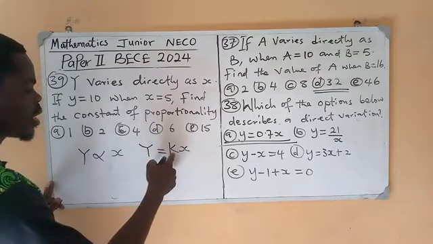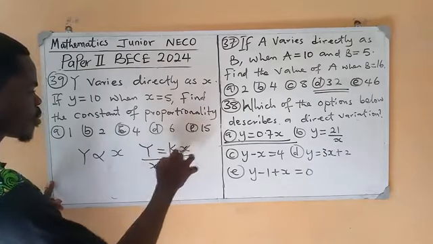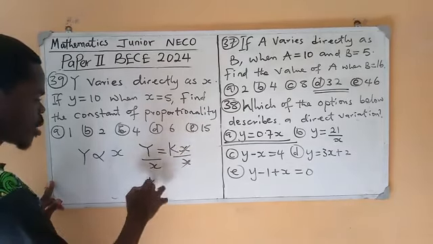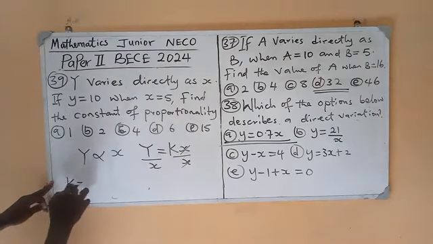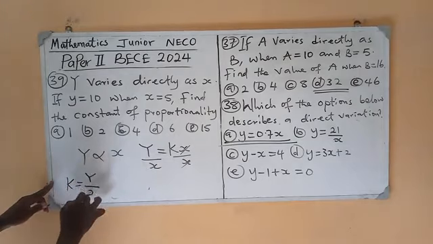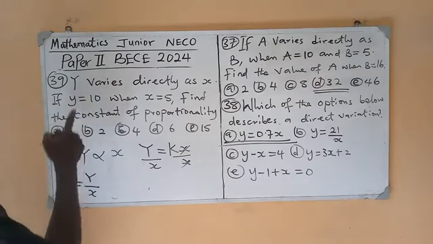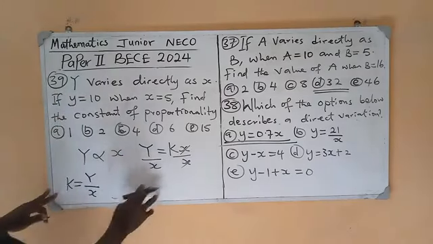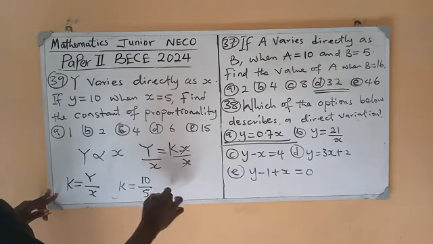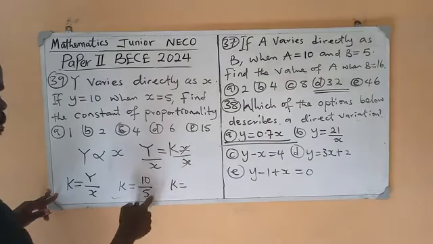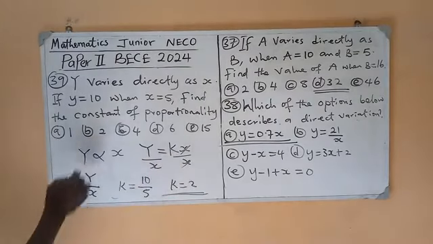Making k the subject, divide both sides by x, so k is y over x. To get the value of k, y is 10 and x is 5. So k is equal to 10 over 5, which is 2. So the constant of proportionality is 2.